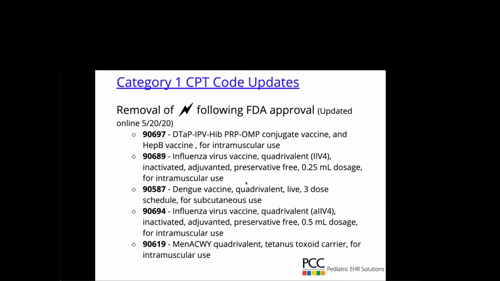There are changes also to the CPT-1. One of the recent changes, the July changes, includes CPT-1 code updates that detailed the removal of the FDA approved pending lightning bolt that you guys are used to seeing in your CPT manual.